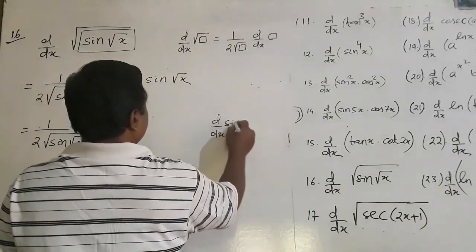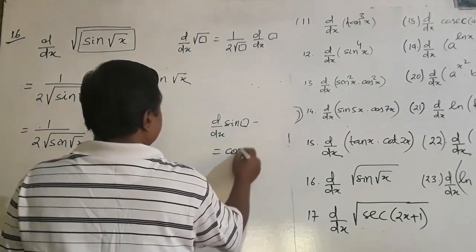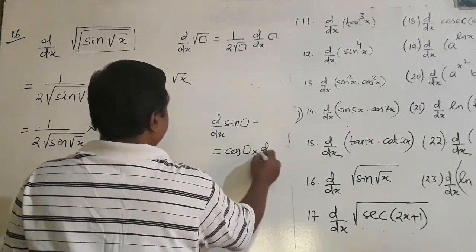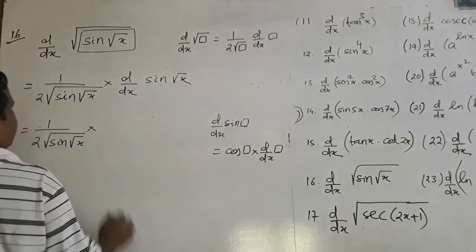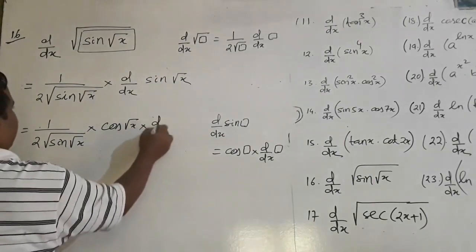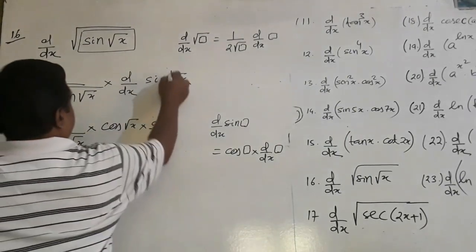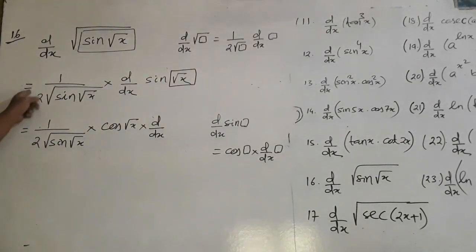It is cos box into d by dx of that box. What will be the answer here? It is cos root x into d by dx. Look at here, this is your box, sine root x. Do not write d by dx 2 times. Many students write like this. It is a very big mistake.